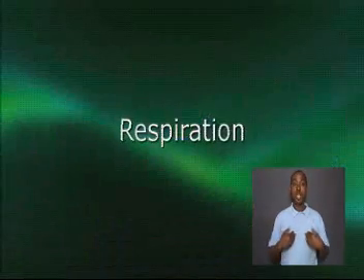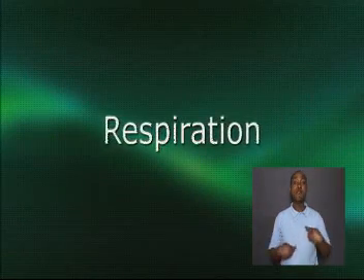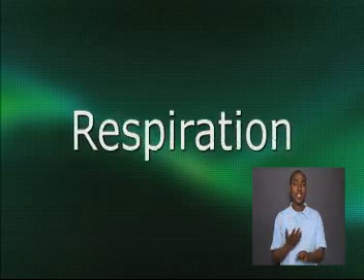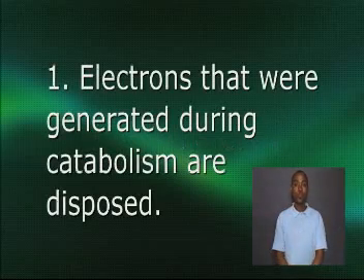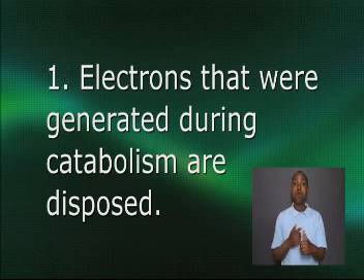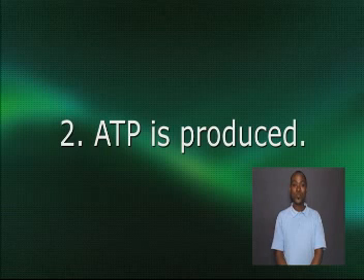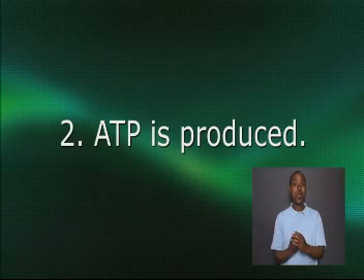All living creatures have a process in common, which is respiration. During respiration, two important functions are performed. In the first function, the electrons that were generated during catabolism are disposed. The second function involves the production of ATP.